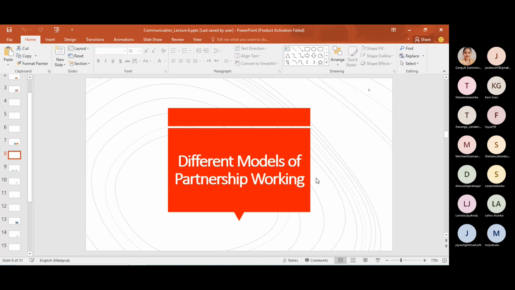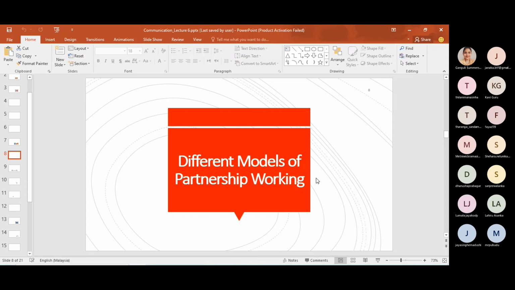So we were talking about different models, right? Before we talk about them, I just wanted to tell you the purpose of having different models for partnership working. As we just discussed, these organizations, agencies and companies are from different backgrounds, so working together can be a bit tough.